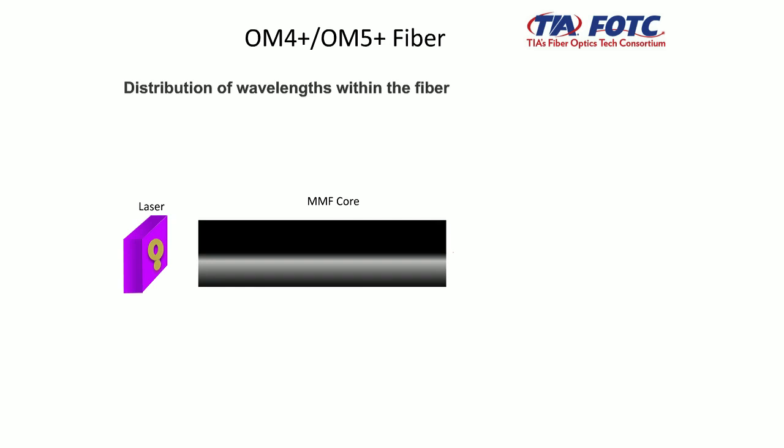And the way it works is the laser, the VCSEL is not spectrally pure, so it emits multiple wavelengths. Predominantly the off-axis portion of the beam gets coupled into the higher order modes of the fiber.